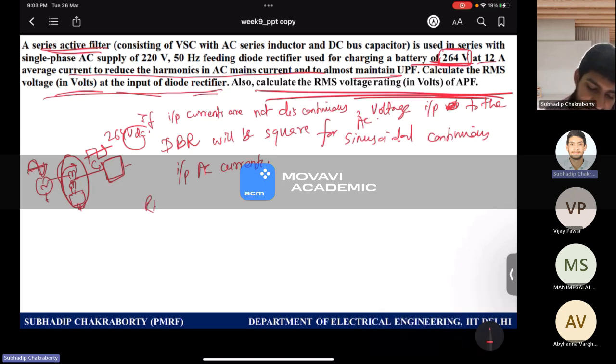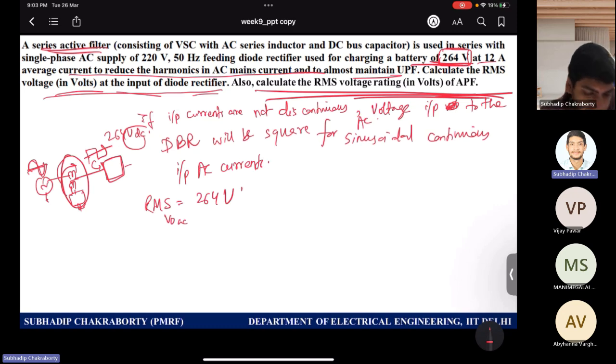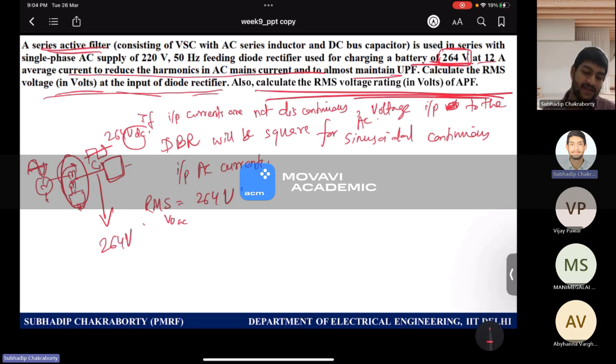Then what is the RMS? The RMS of V0 AC is 264 volts. So that is the main catch of this problem, nothing else. And the RMS voltage rating of the active power filter. So the RMS voltage at this side, you know, is 264 volts. At this side, you know, you have 220 volts.